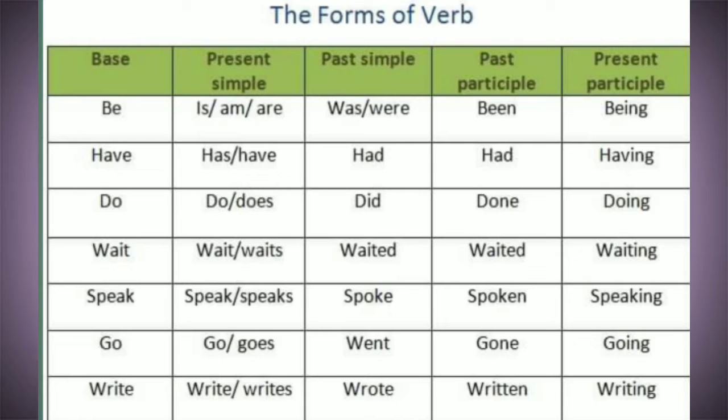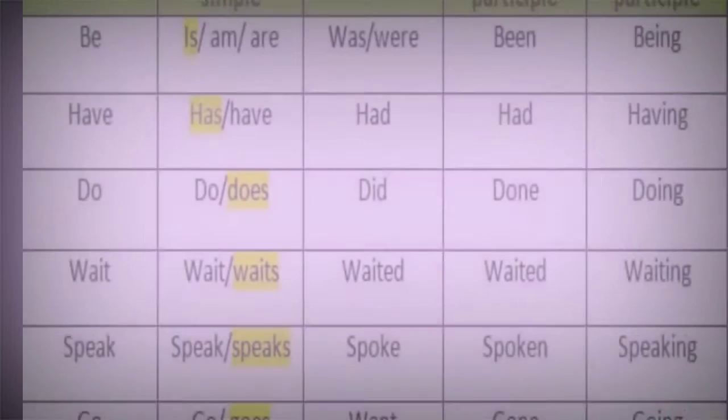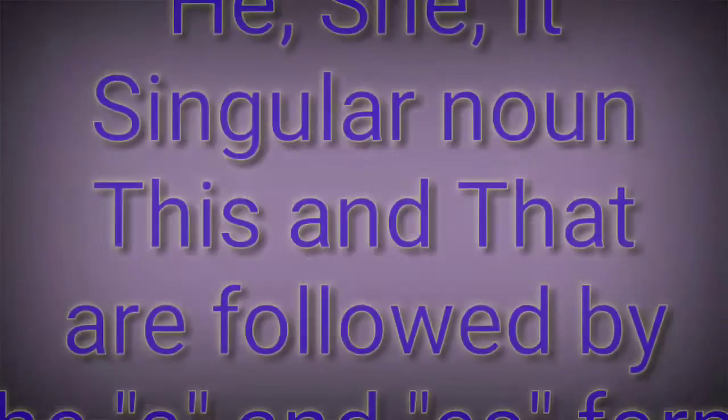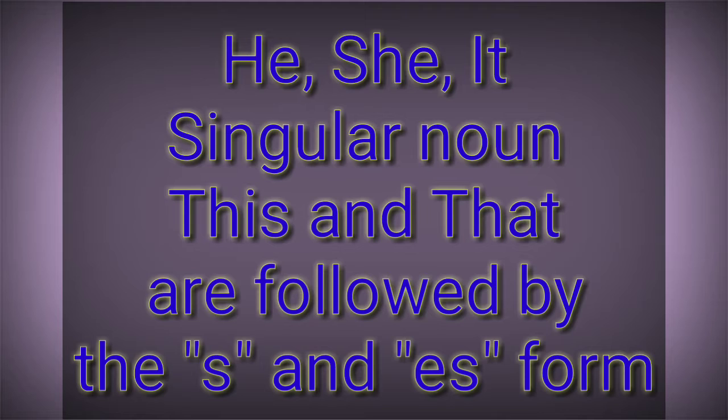You can see that every verb has 5 forms: the base form, the present, the past participle, and the present participle. Remember that the S and ES forms of the simple present come after the subjects he, she, it, and singular nouns to make simple present tense.